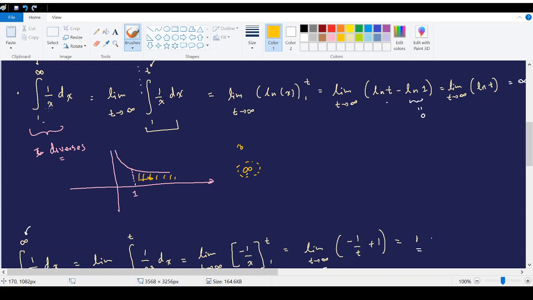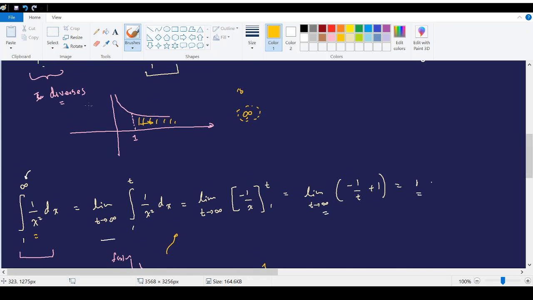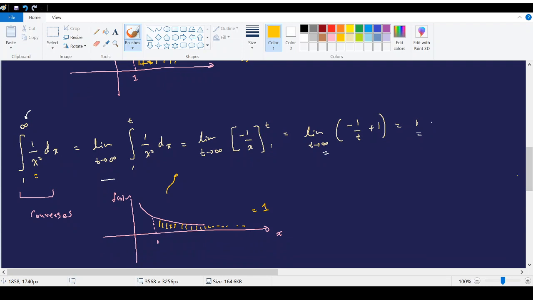So the only difference is that the two functions are different. So in conclusion, although the shapes of the two curves are similar, there is a difference after all. In other words, the area that 1 over x covers is very much larger than the area covered by 1 over x squared. That's the conclusion that we can get by comparing these two problems.